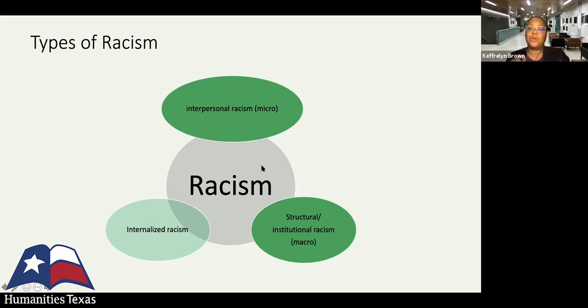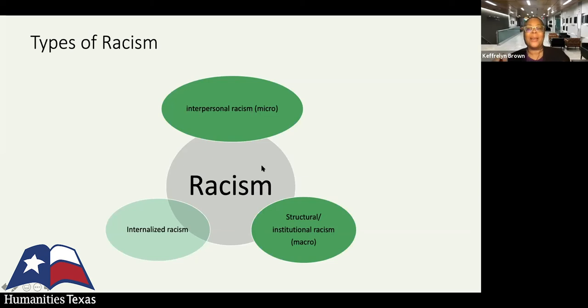And then finally, there's structural and institutional racism. And here we're talking about racism that gets embedded in the actual practices and structures of our society. And today we'll talk about how these institutionalized forms of racism played out in our housing practices in the US.